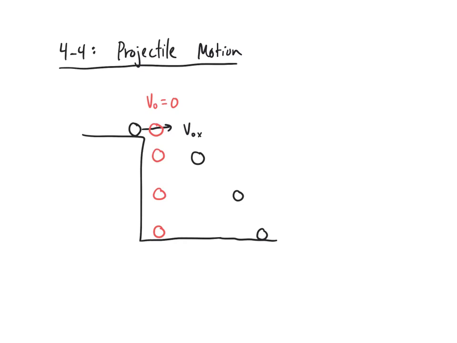So this is problem type number 1: horizontally fired projectiles. What's the initial velocity in the y direction for both of these projectiles? 0. Again, a free fall, you know it's 0. If you kick something only horizontally from a cliff, like a pebble off the top of a building, it is launched outward but not at an angle, and therefore vertically it is not moving for that instant in time before it begins to fall.